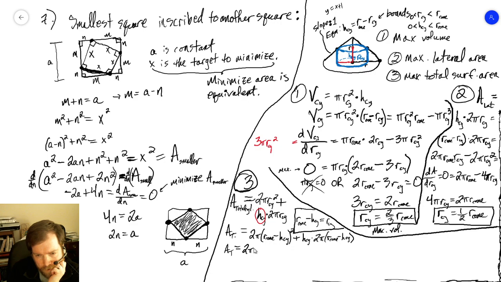So this is 2 pi r cone squared minus 4 pi r cone h cylinder plus 2 pi h cylinder squared.